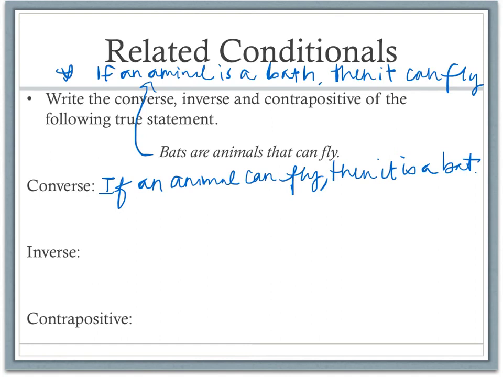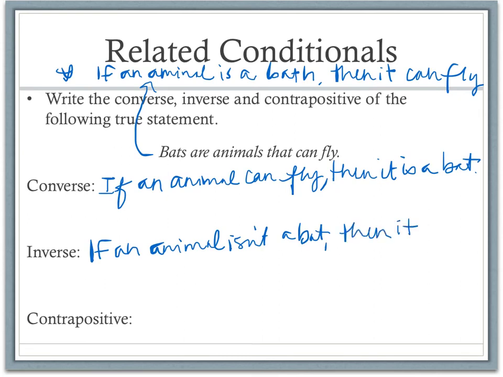So if an animal isn't a bat, then it cannot fly. And the contrapositive negates both the hypothesis and conclusion of your original statement and exchanges them.